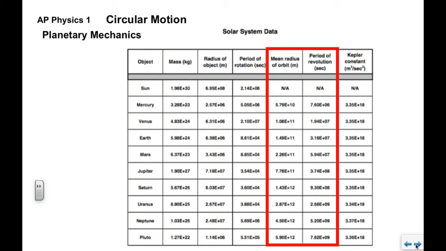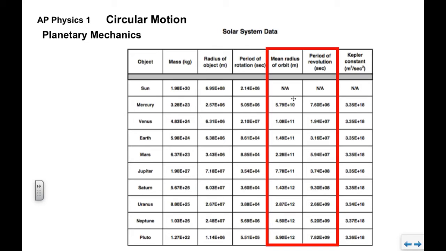These two are used primarily for any of the planetary mechanics, any of the centripetal kinematics or centripetal force. In fact, the mean radius of orbit is also used to determine the gravitational force between the planet and the Sun. Again, this mean radius of orbit is the average distance from the Sun.